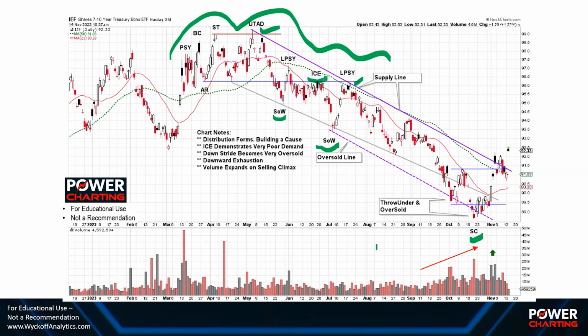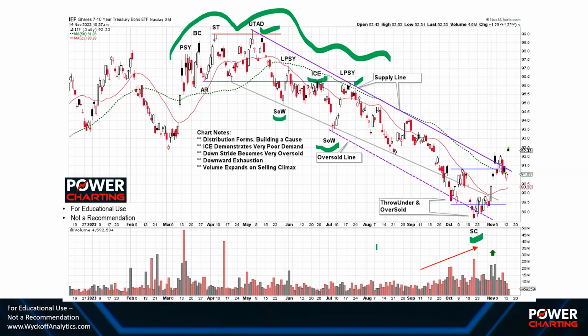Ice is when you have a period where you get under key support and cannot rally. There's no good demand in the price of the instrument, and in fact it has no good sponsorship by the composite operator types, and it can go into a new downtrend.